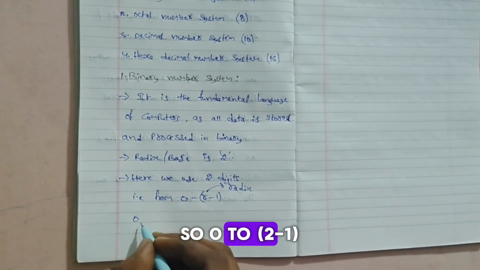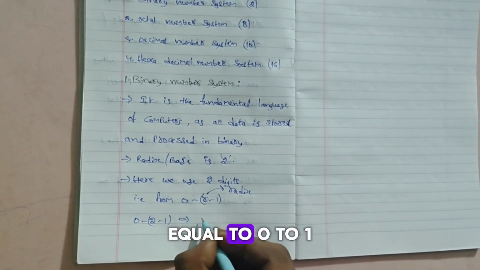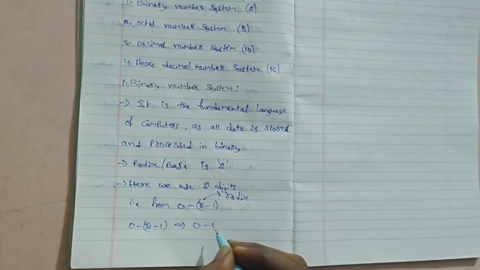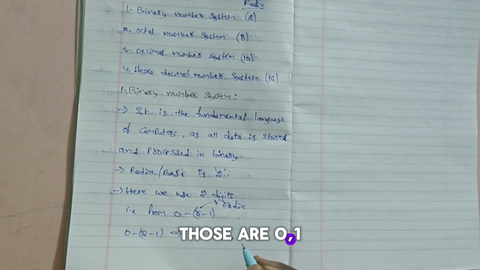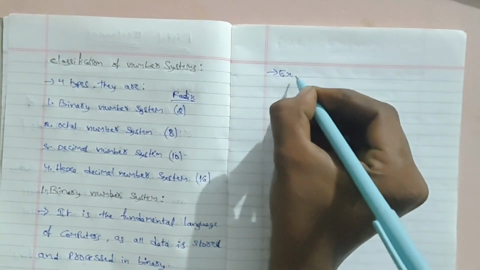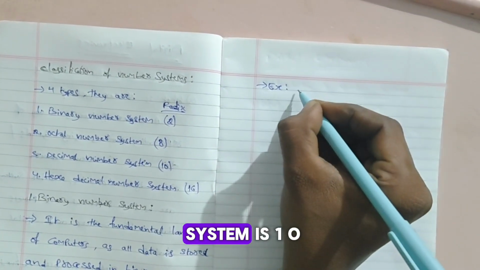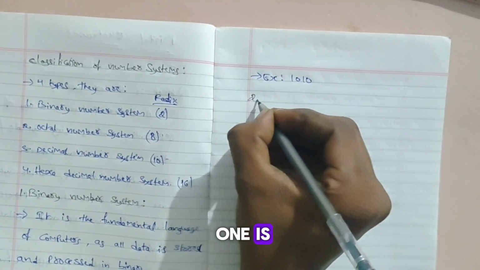So 0 to 2 minus 1 equals 0 to 1. We use 2 numbers. Those are 0, 1. Example for binary number system is 1010.